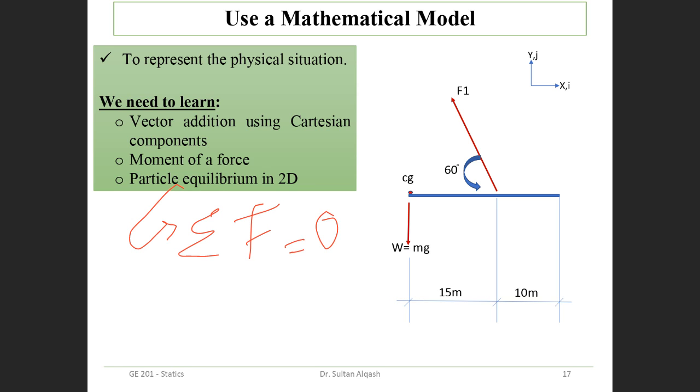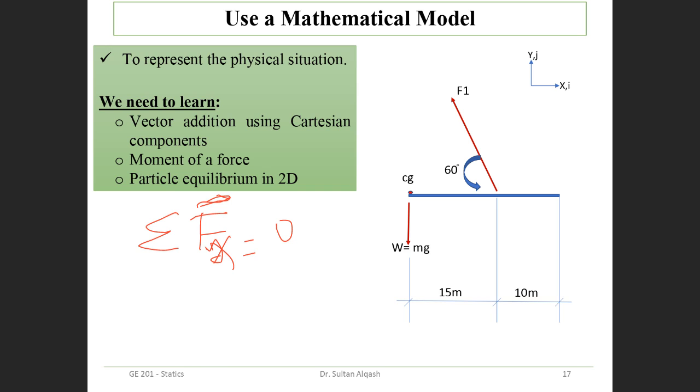Clear, guys? Simple. You find it's really simple. So component in x-axis, sigma F x, and then sigma F y.